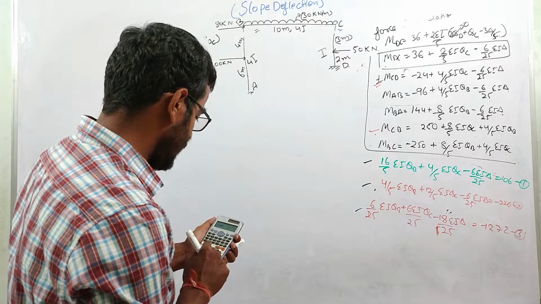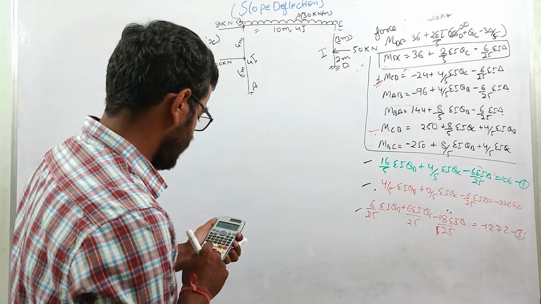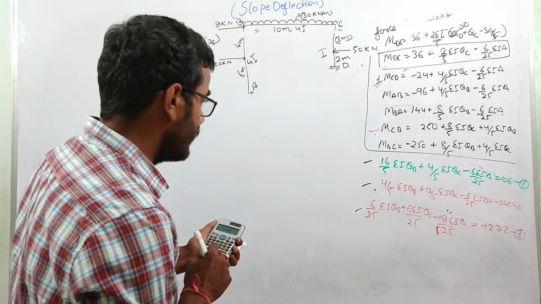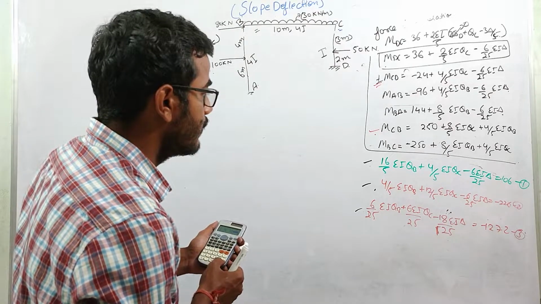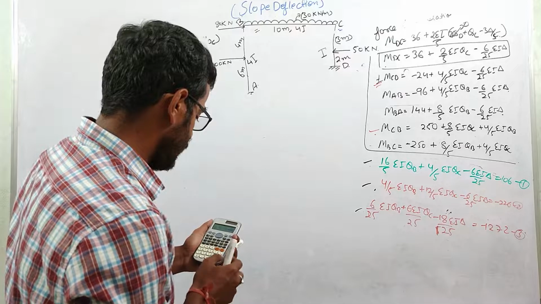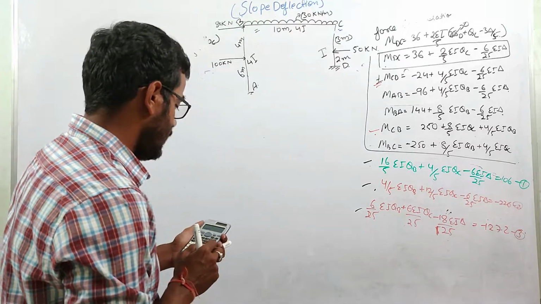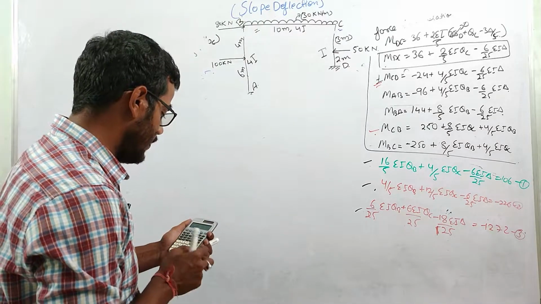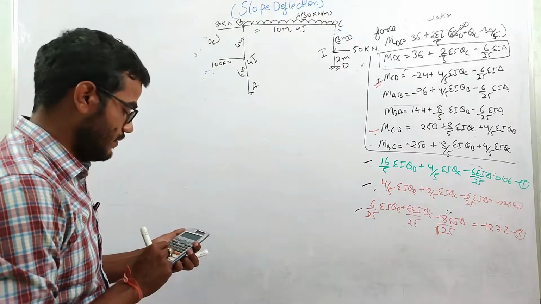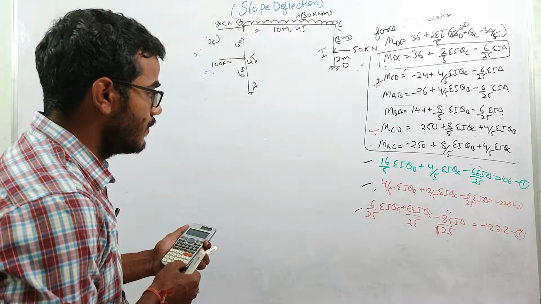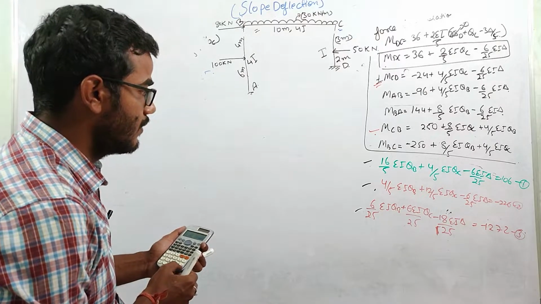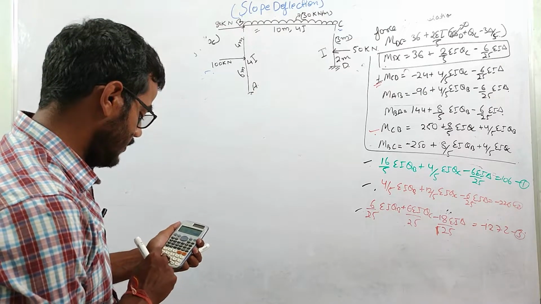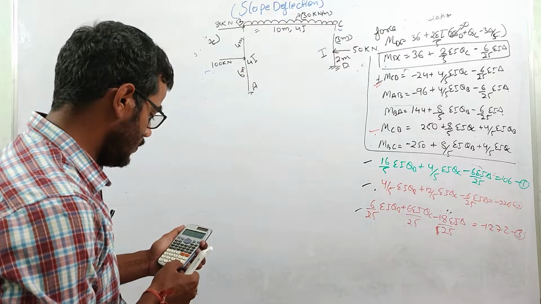Then a is 4 divided by 5, b is 12 divided by 5, c is minus 6 divided by 25, d is minus 26. And again a is 6 divided by 25, b is 6 divided by 25, c is minus 18 divided by 125, and d is minus 127.2.